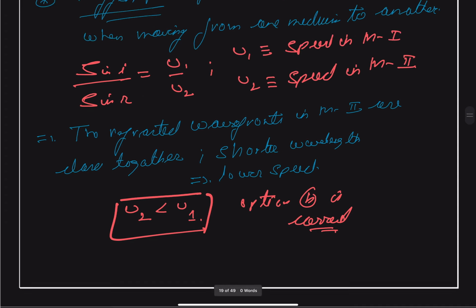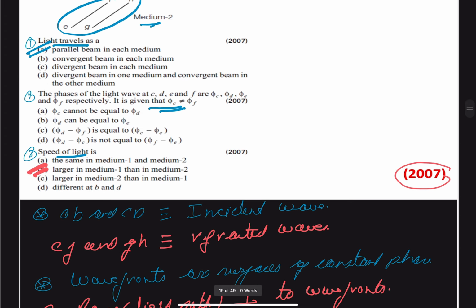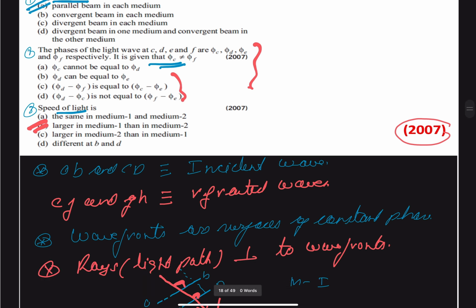And we come to the last part, which I missed: the phases of the light at C, D, E, F are given as phi C, phi D, phi E and phi F respectively, and it's also mentioned that phi C is not equal to phi F. Then we are going to check what will be the relationship between phi C, phi D, phi E. So all the four combinations.